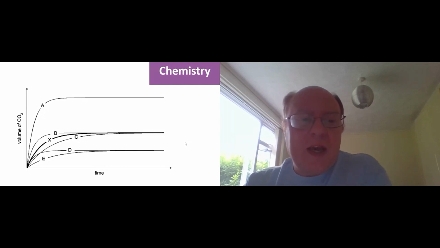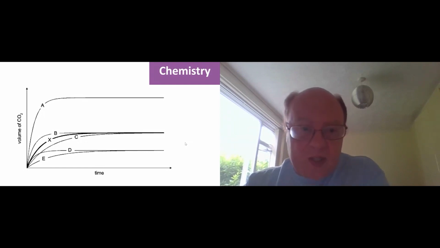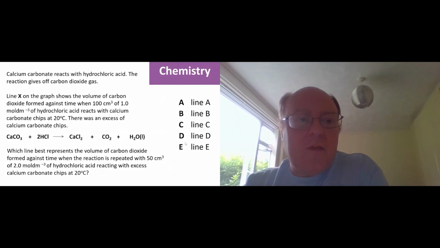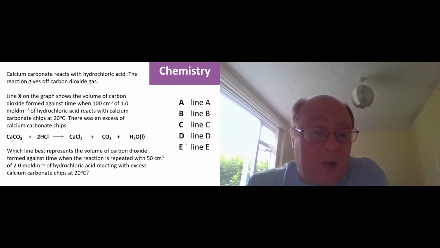So you can see here a graph showing the production of carbon dioxide against time from an experiment. X is the actual experiment that's done. In the question itself, it quite helpfully gives you the equation for the reaction.